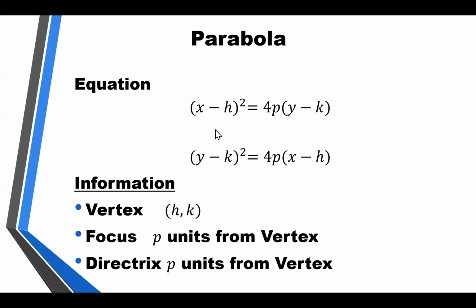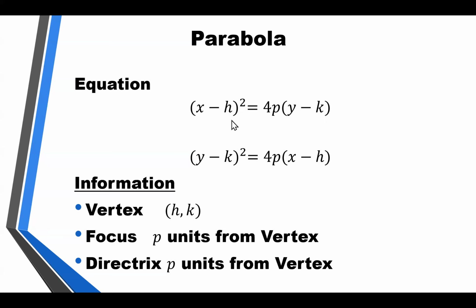Now, the information that we're going to be using, so we're going to have two different types of equations. This first one is the one that's going to point up and down. And the second equation is going to be the one that points left and right. Notice that on one of these, the part with the x, which is x minus h, is being squared. And the other part, the part with the y, which is y minus k, is not being squared.